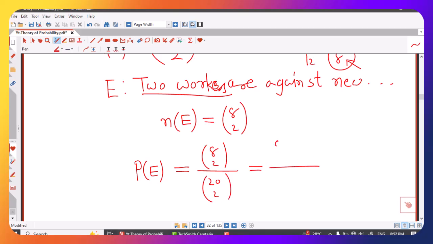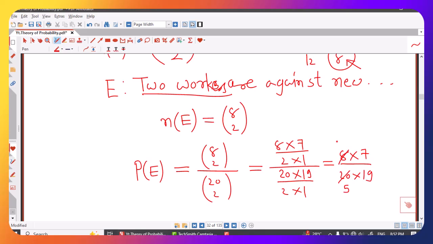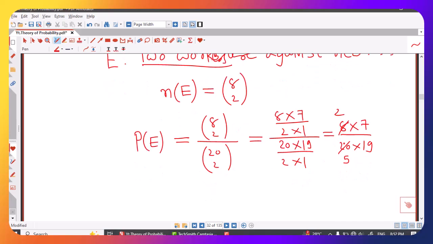And here you can see this is 20 into 19 divided by 2 into 1, and the 2 in the denominator will get cancelled, and here we have 5, here we are left with 2, and the answer is 14 divided by 95.